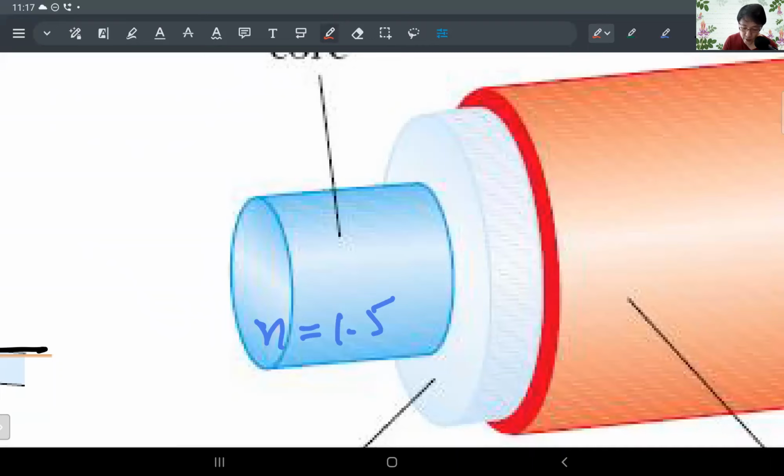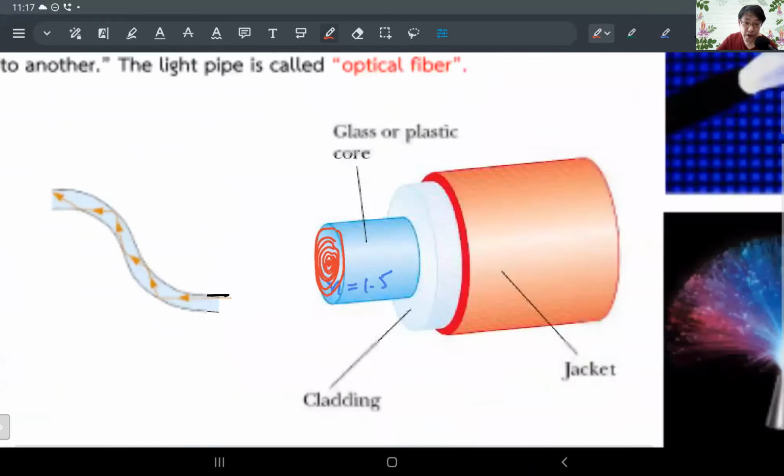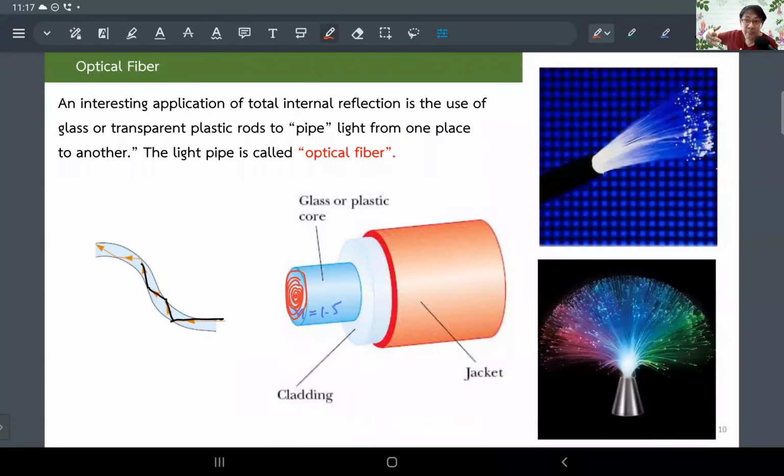It means when you go from the core toward the outside of this fiber, the n is changing. It has a higher n in the middle, and then it goes to a smaller n outside. The good thing about that is you have multiple, well, sort of continuous total internal reflection all the way from the center of the fiber to the rim.